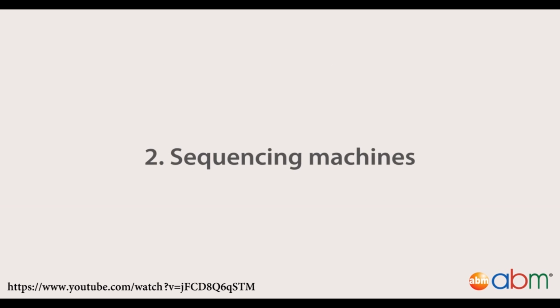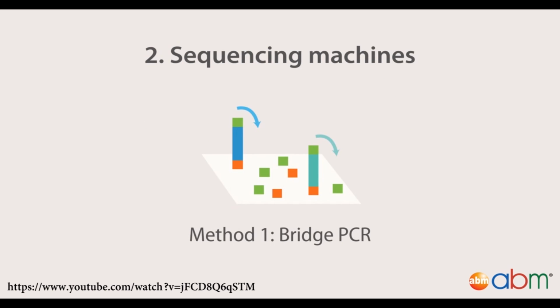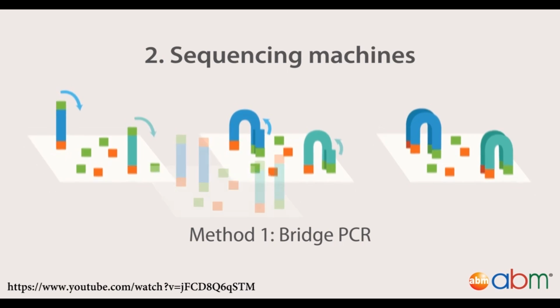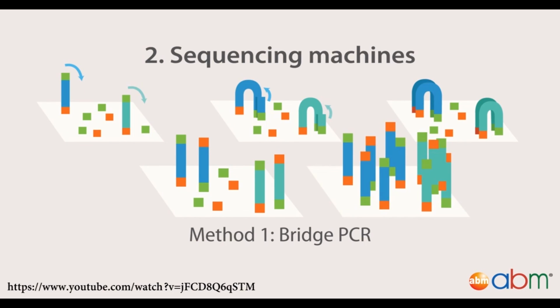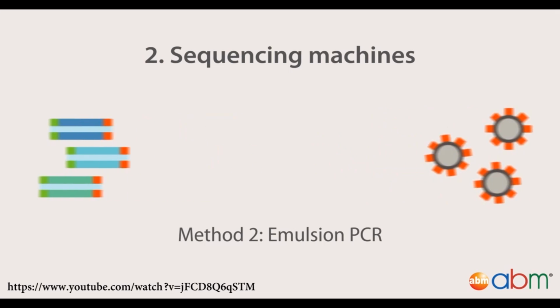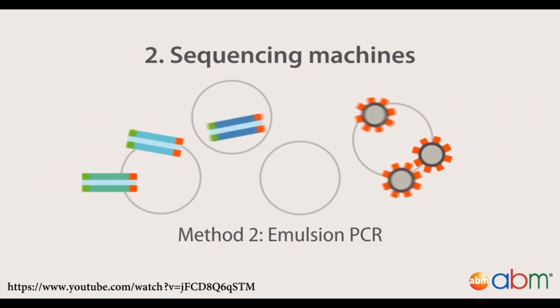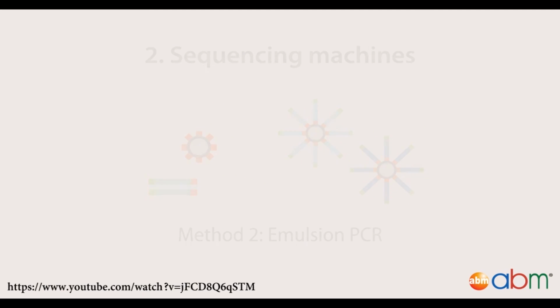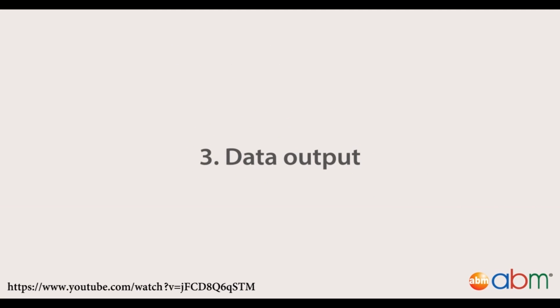2. Sequencing machines. Each library fragment is amplified on a solid surface with covalently attached DNA linkers that hybridize the library adapters. This amplification creates clusters of DNA, each originating from a single library fragment. Each cluster will act as an individual sequencing reaction. And 3. Data output.